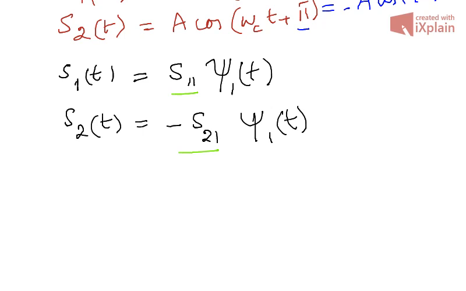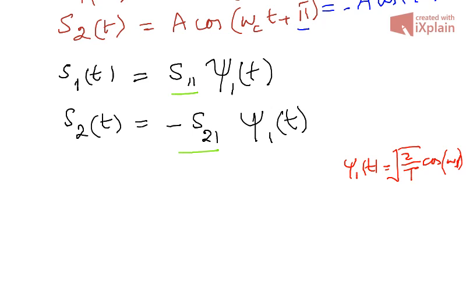As I mentioned earlier, what is psi1? Psi1 of t, as in my previous lecture, is square root of 2 over T cos of omega ct.